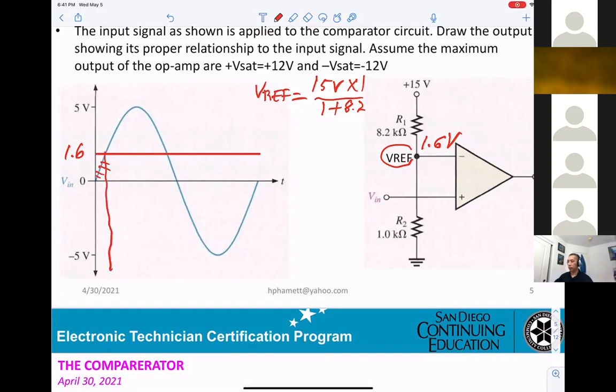You can go down here, minus here. Then this is higher, right? So it will go to positive. This one looks like this. And this here, it's supposed to go right here. Less than, and it will be minus, saturated. Same thing on the other one.